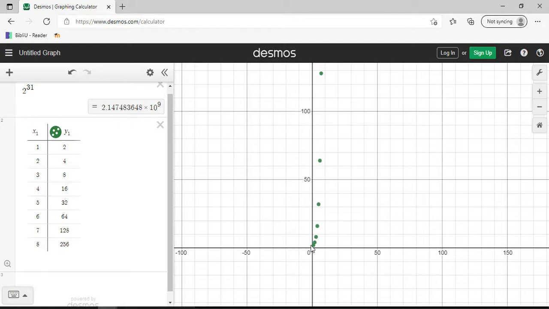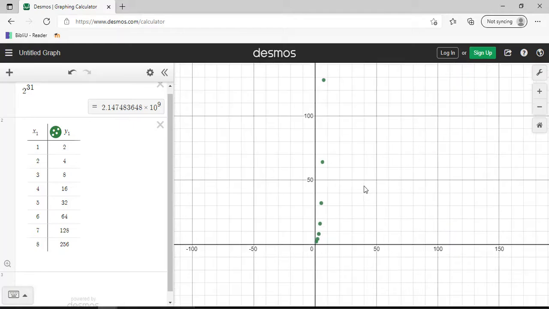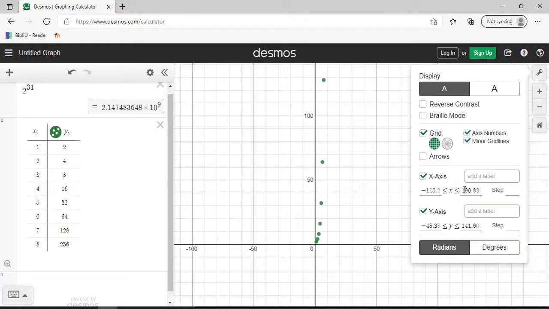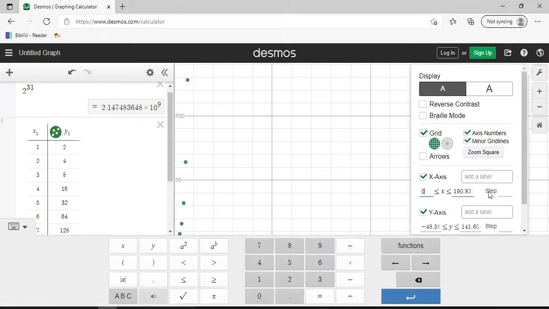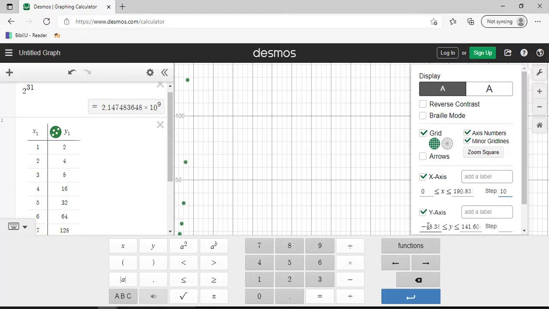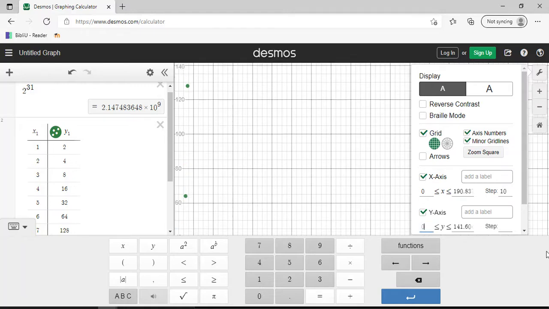Okay, you see how this is curving up. Matter of fact, let me change these axes here. Let me go from 0 for x all the way to 10. 0 to 10 for x, and then y, I will go from 0 to 300.